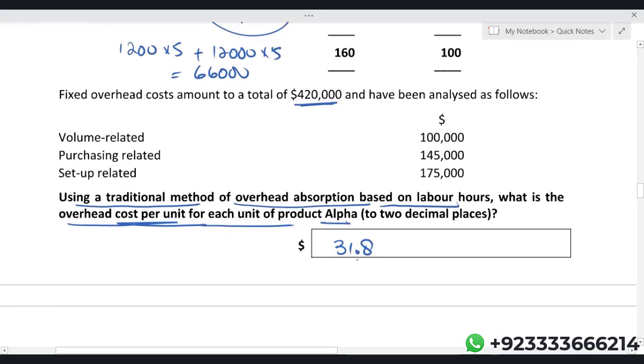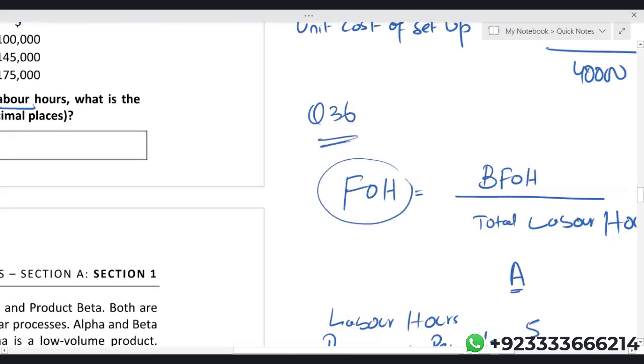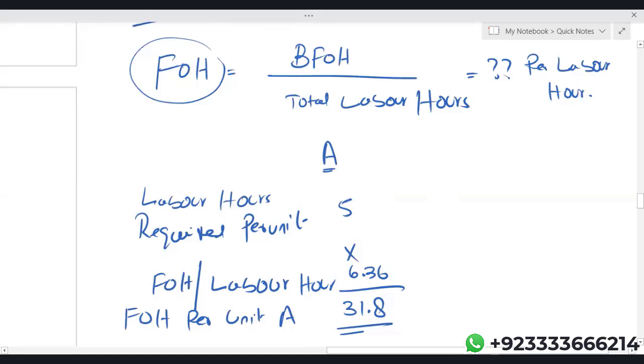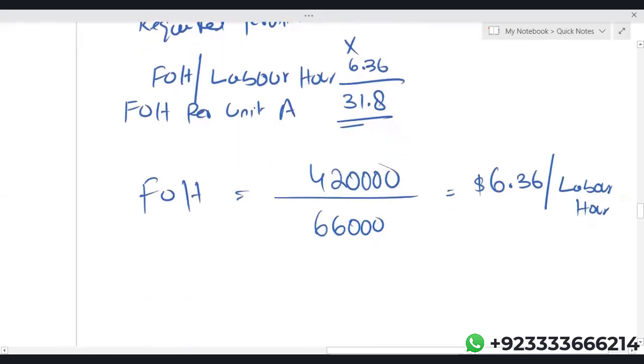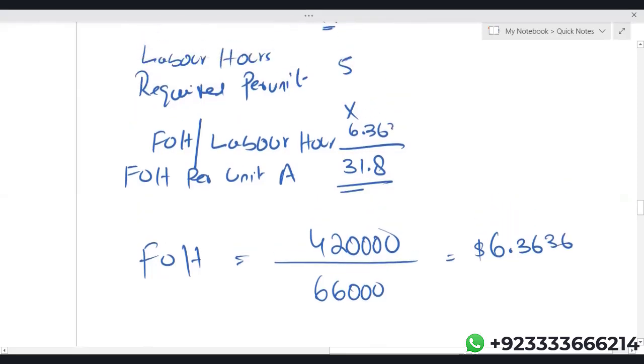Okay, they're saying to go for 2 decimal places. So let's go for 2 decimal places. Okay, we can do one more thing to get the result in 2 decimal places, so that the examiner should not get angry. Now it will definitely give us the result to 2 decimal places.